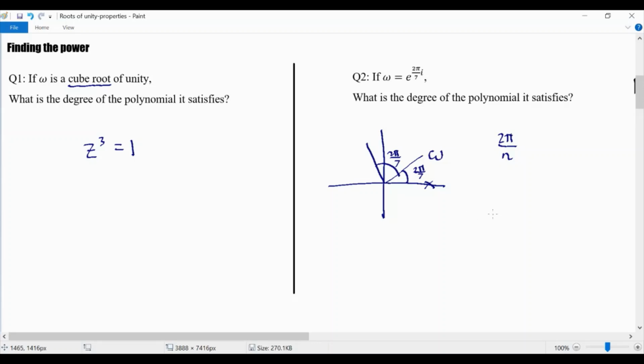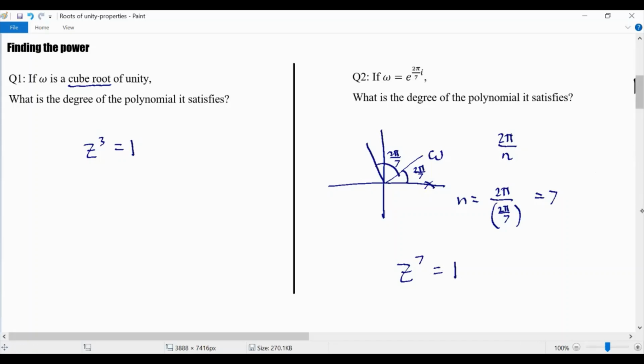Therefore, we can find what n is, the power of the equation, just by doing 2 pi divided by what we know the gap to be. So 2 pi divided by 2 pi over 7 would just get us 7, and therefore we know in this case, if omega equals e to the 2 pi over 7i, we're talking about the solutions to the equation z to the 7 equals 1.